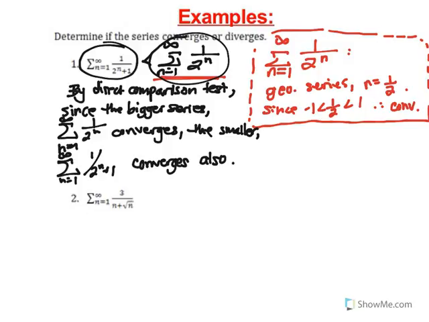I think I have 3 examples total. If we were to look at the next one, I have this series right here from 1 to infinity. Okay, so we have 3 over n plus root n.